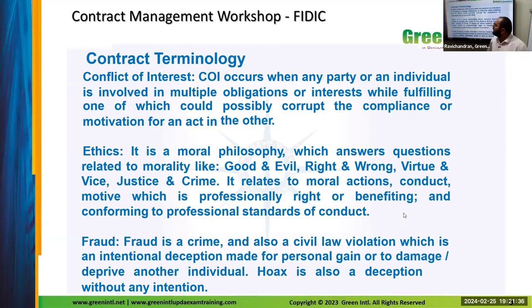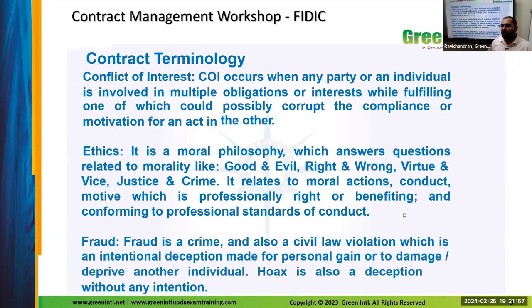So it's like, suppose there are two parties entering into a contract, and one party already has some interest in the other party. Maybe the person who is awarding the contract has a share in the other party.